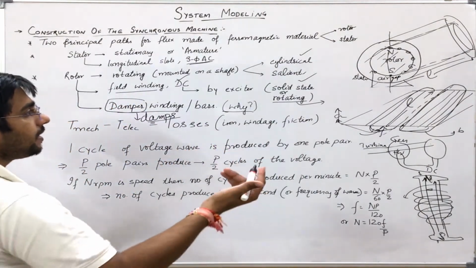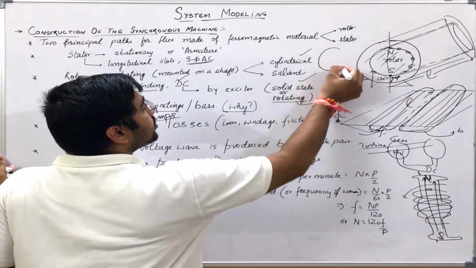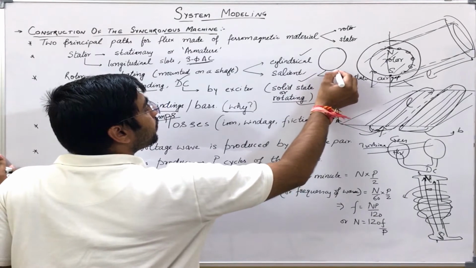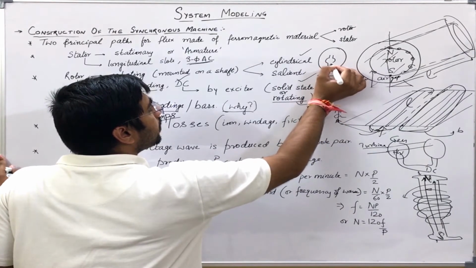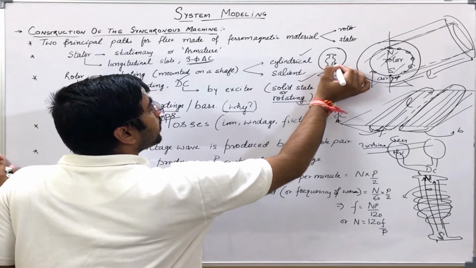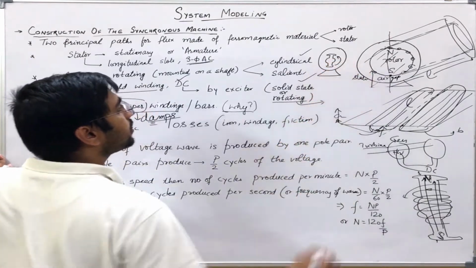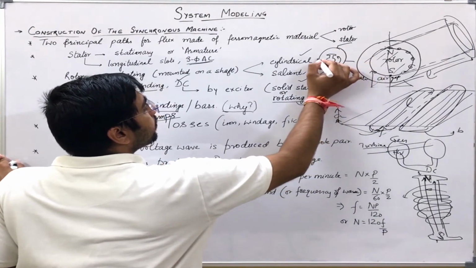Let us say this is the stator part and this is the salient pole generator. Now this is rotating, let us say like this, and we are getting power to the external circuit.